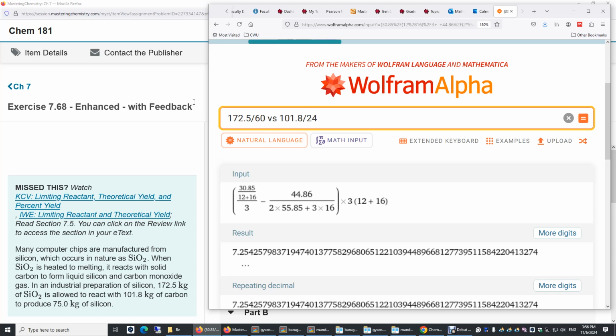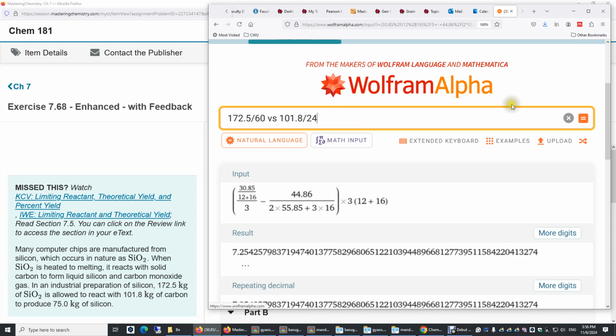Again, I was viewing 2 carbon as C2 hypothetically, so I need to just compare these two. Whichever is larger, that's in excess. Whichever is smaller, that's the limiting reactant.